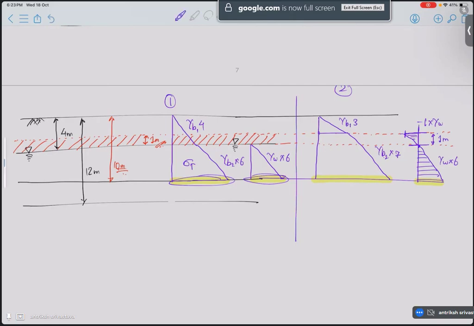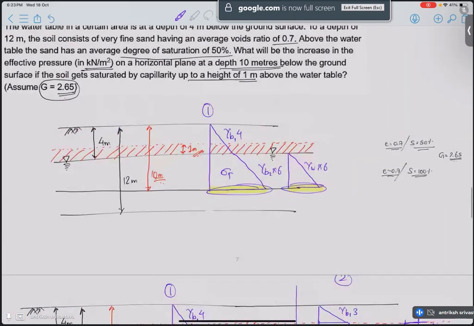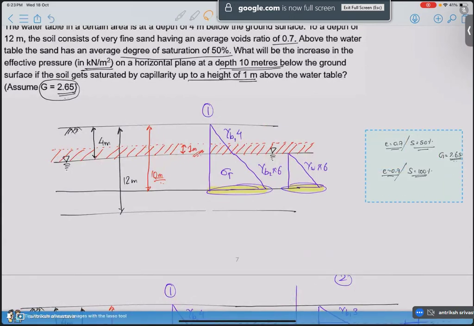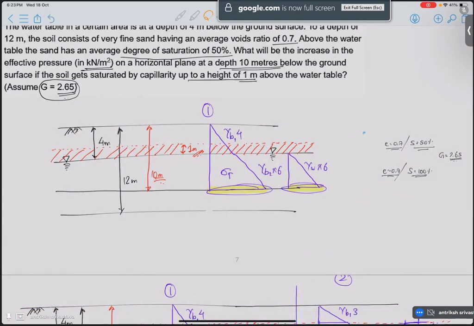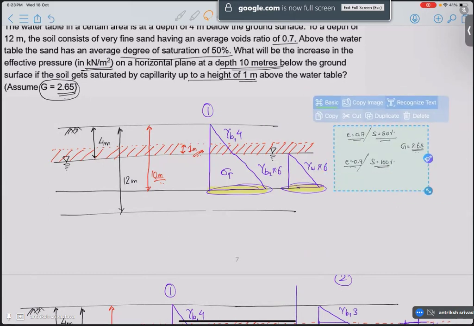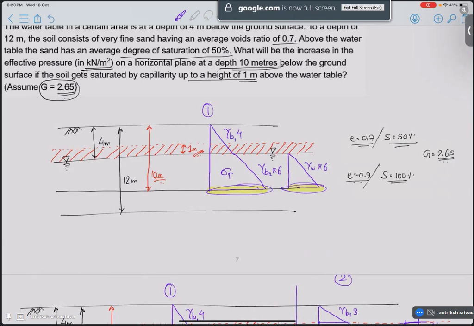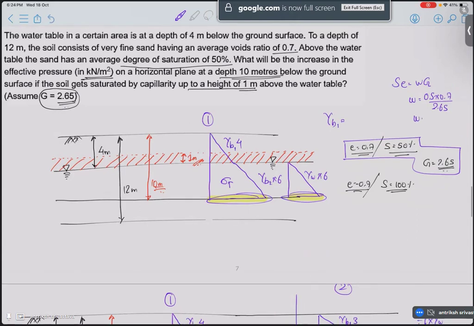So let's calculate. Before we calculate, let's go above and calculate our gamma B1 and gamma B2. For gamma B1, we need water content, and we can get water content again using our formula. Se is equal to wG. Water content is going to be 0.5 into 0.7 divided by 2.65, and it is equal to 13.2%.